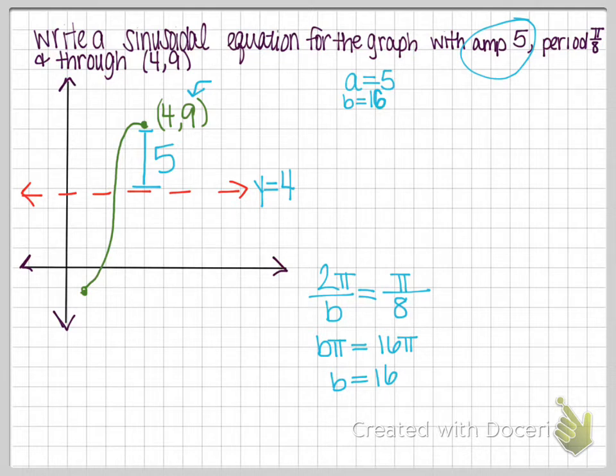Okay, so we've got b. We don't know what c is going to be. We're going to have to find that out using the point. But we know d is going to be 4. So we're going to take all of these pieces of information and that point (4, 9), and we're going to find our equation. All right.